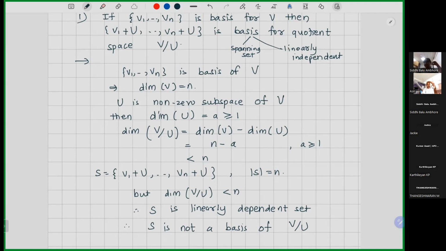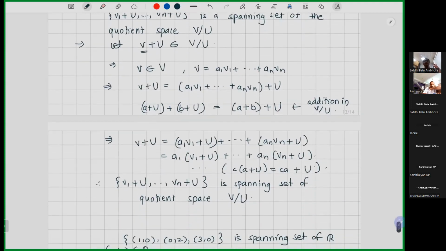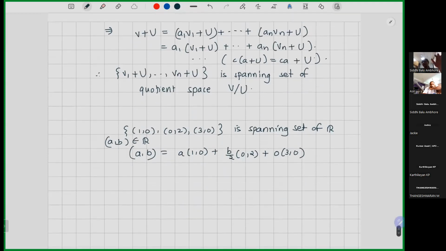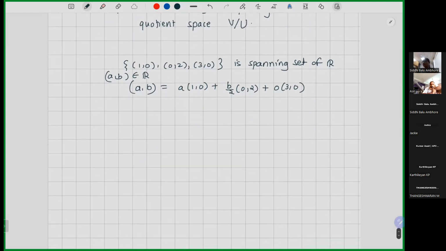But this set we proved linearly dependent, as it has more cardinality. It need not be linearly independent, but it can definitely span. Once one of them is not satisfied, it is not a basis. I hope that is clear.